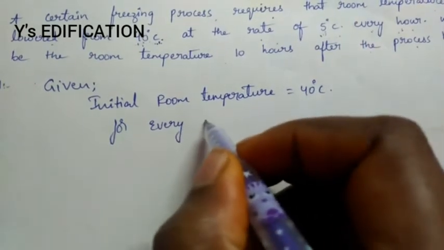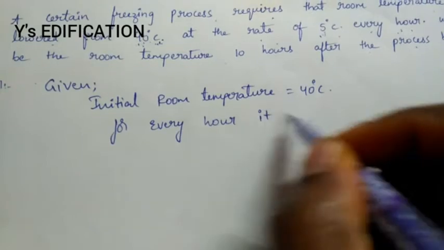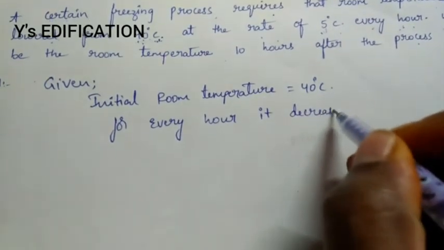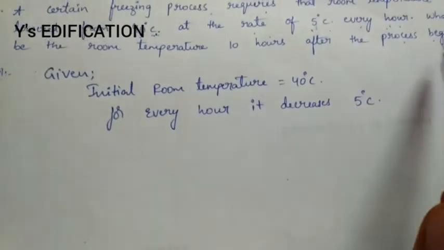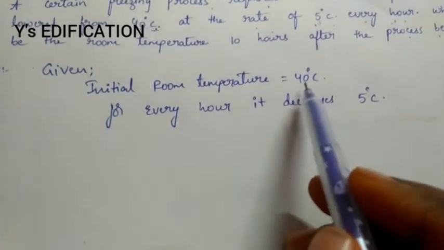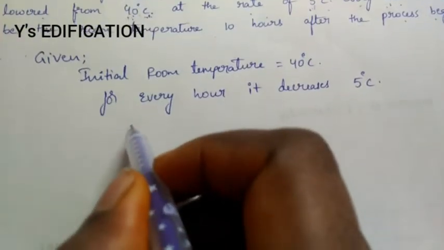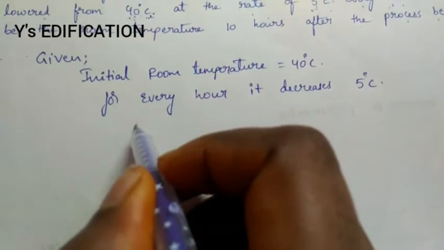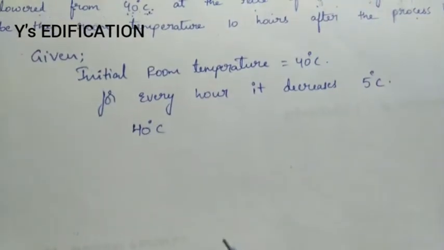For every hour, it decreases 5 degrees. So, what will be the temperature after 10 hours? After 10 hours means the initial temperature plus 10 hours. What is the initial temperature here? 40 degrees Celsius is the initial temperature.